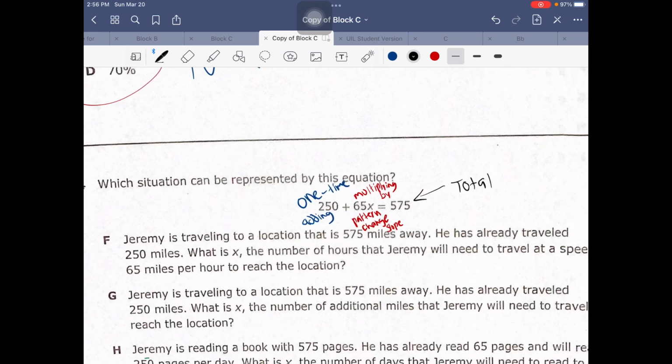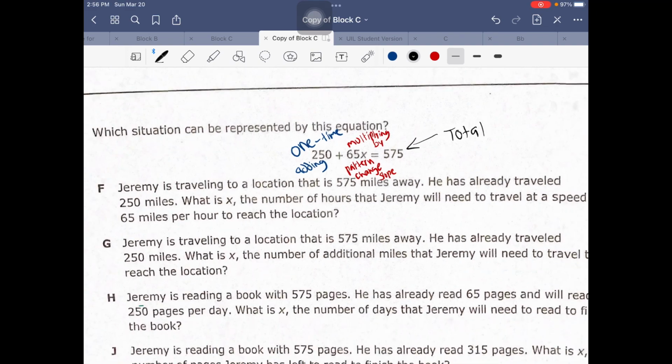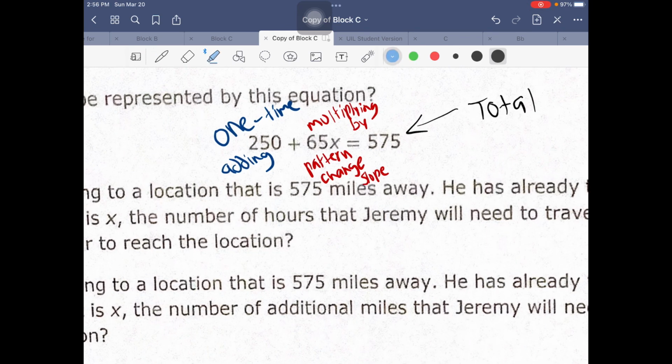We're going to read each one just to see if it's exactly the equation they're giving us. Let's read F. Jeremy is traveling to a location that is 575 miles away. That would represent the total. That looks good.